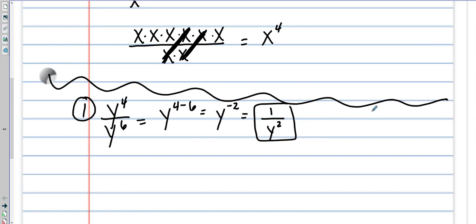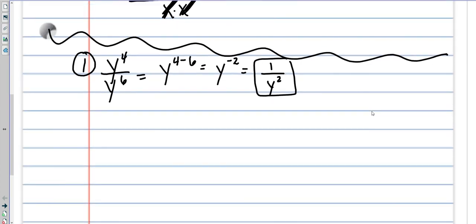Okay. Number 2. So we have x to the 9th power over y to the 4th. Okay, so what do you think? Well, they have different bases, so you cannot combine these. So your answer is already in simplest form.